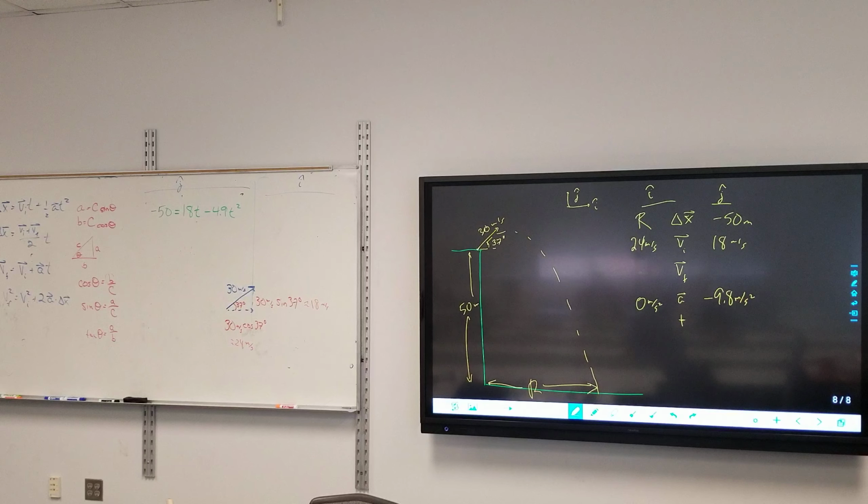Potentially, you could factor it, complete the square, or use the quadratic formula, which is probably the simplest.